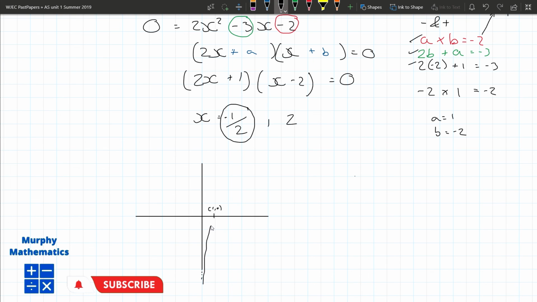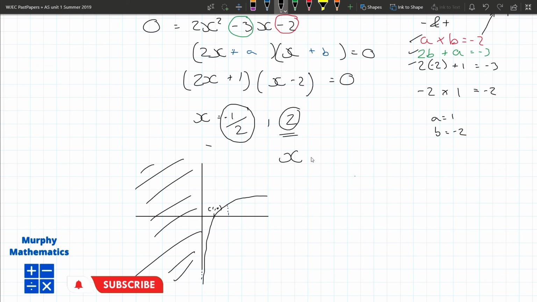And this is my log graph, and it's something like this. So this is the problem. Because it never goes into the negative region, it never goes past 0, so I cannot have a negative value for x. So it just means that my x equals 2. So this is going to have to be my answer, because that will lie somewhere about here. And so I know that x equals 2.